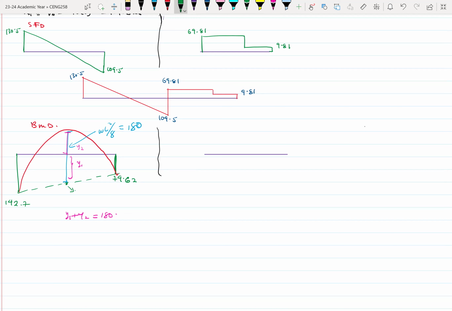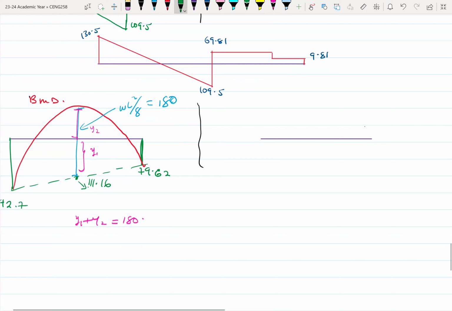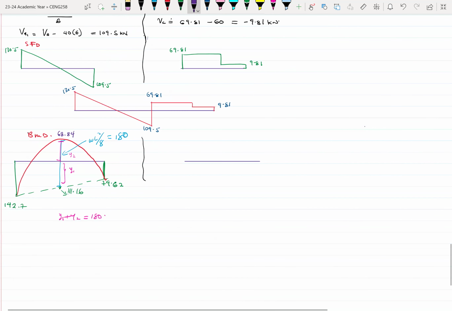Here, because it's a midpoint, add 142.7 to 79.62 and divide by 2. So this will give roughly 111.16. If you subtract that from 180, this height here will be 68.84, approximately.